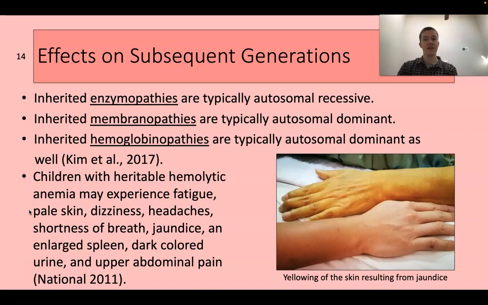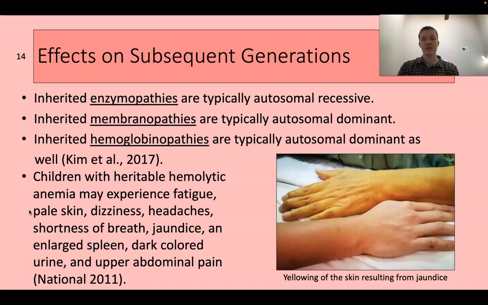In children who have inherited hemolytic anemia from one or both parents, meaning they possess the disorder, symptoms of the disease can appear early in childhood and do not necessarily only show up later in life. In some cases, the patients can appear asymptomatic.